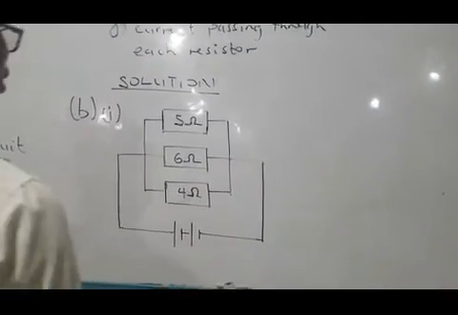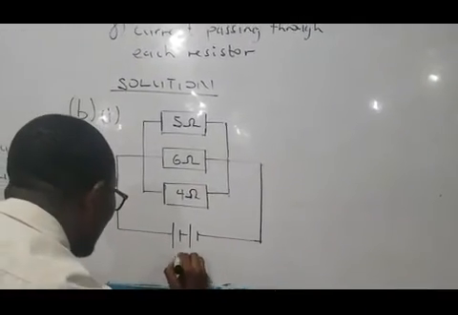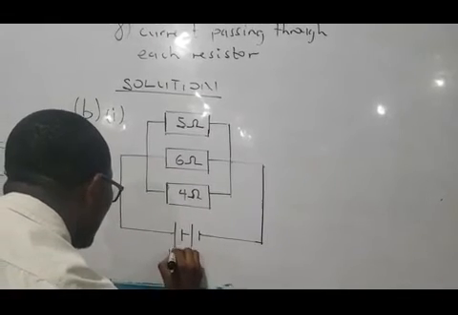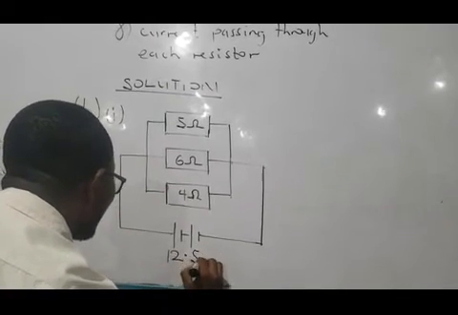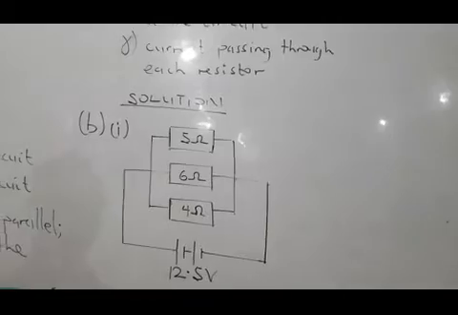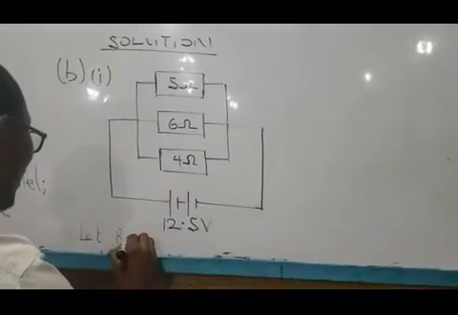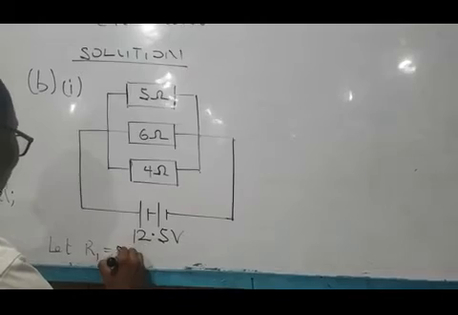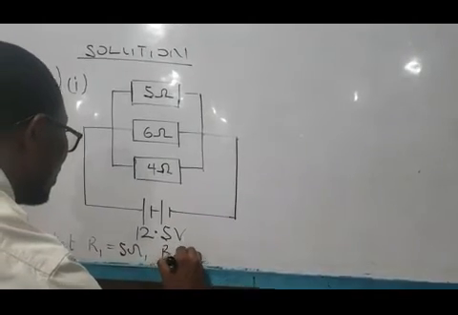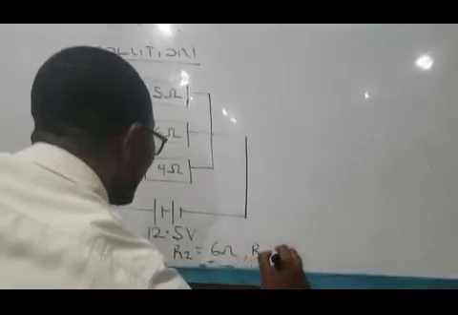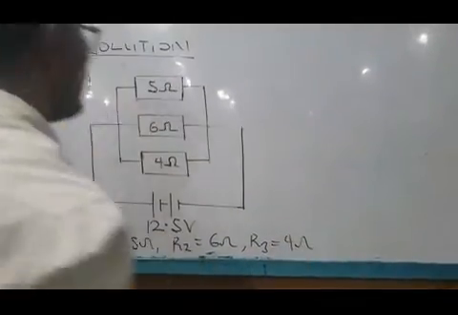And then you have a battery of 12.5 volts. So the same thing, let R1 equal 5 ohms, R2 equal 6 ohms, and R3 equal 4 ohms.